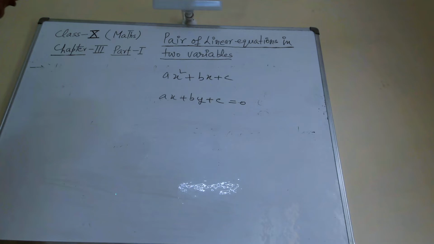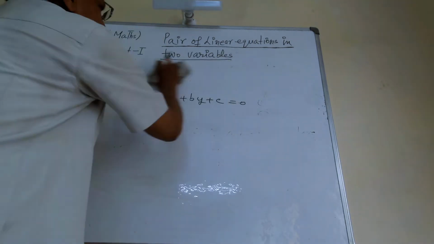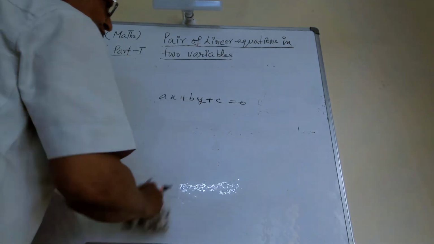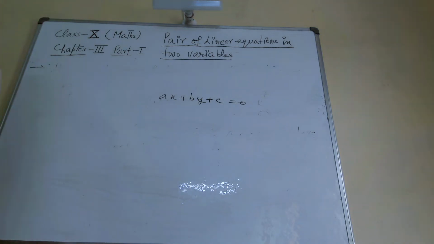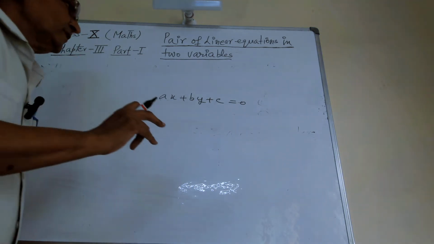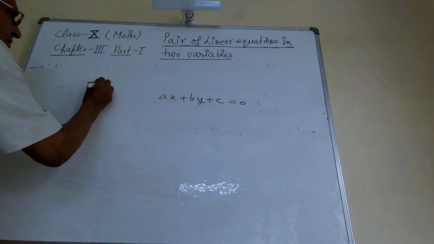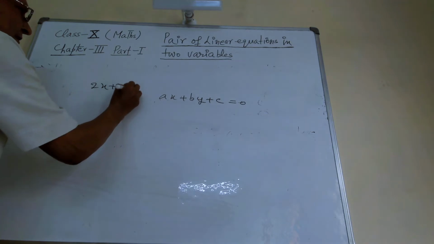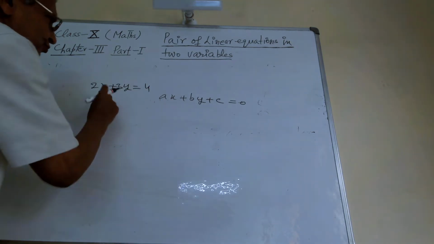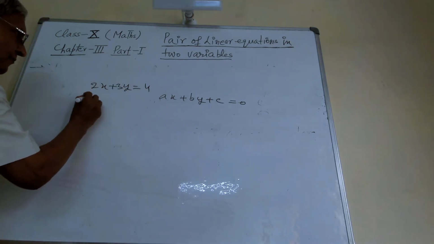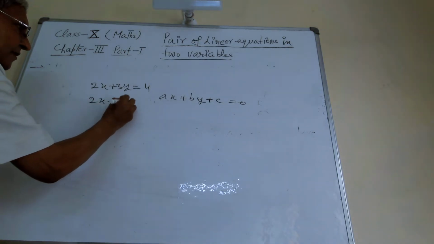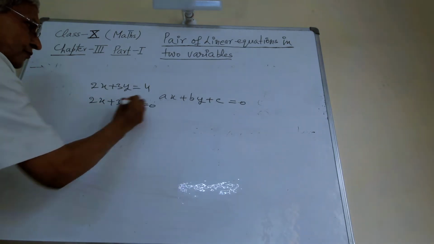Now, my dear students, if you want to solve the equation, first of all you have to write down the equation in standard form. When the equation is given as 2x plus 3y is equal to 4, you have to make it in standard form: 2x plus 3y minus 4 is equal to 0.